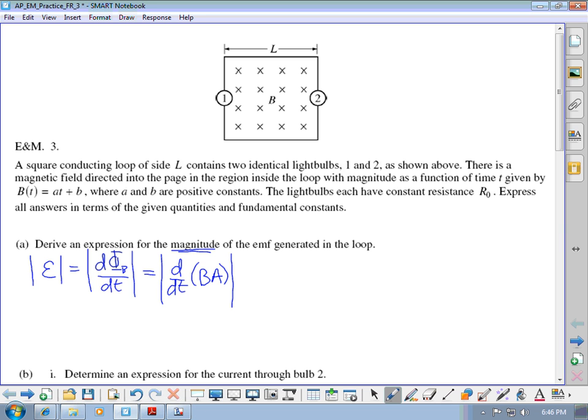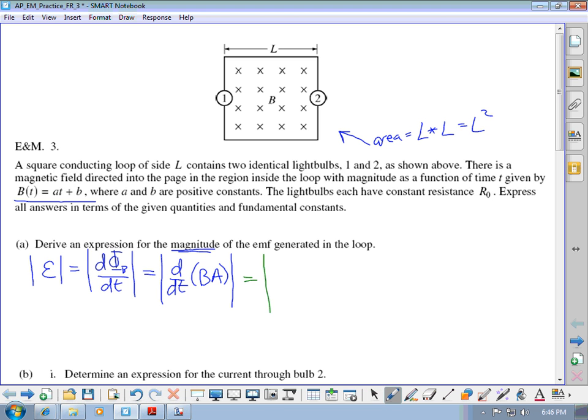This is a square loop, so it's an easy area to calculate. Its area is L times L, so it's L squared. And the magnetic field as a function of time, they give us.